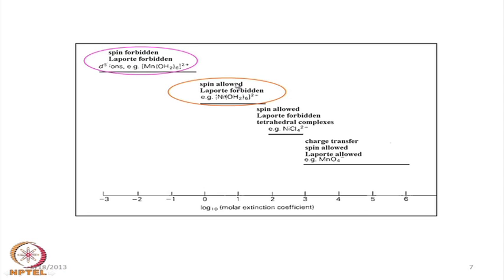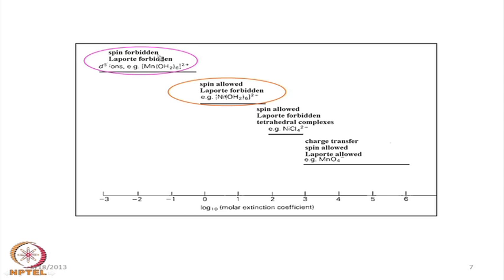But when we move to another octahedral molecule, which is also hexaaqua, nickel hexaaqua 2+, in this particular case the excited level is spin allowed, that means of the same spin type, but again it is a d-d type of transition, so it is Laporte forbidden.